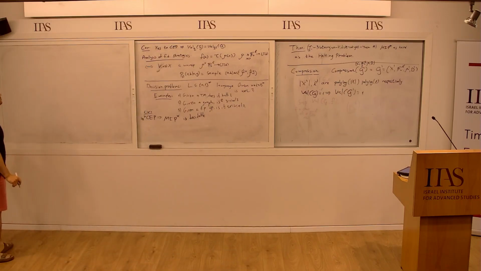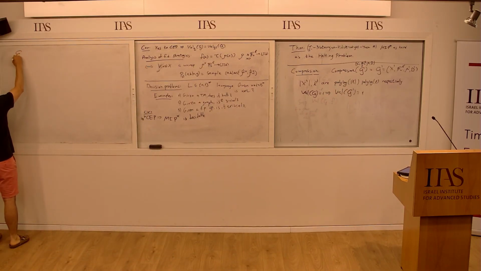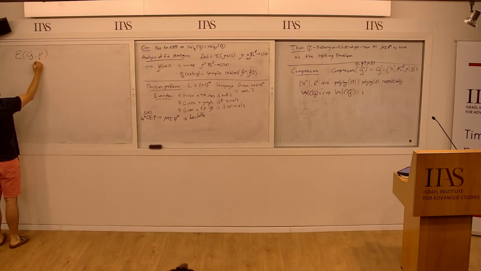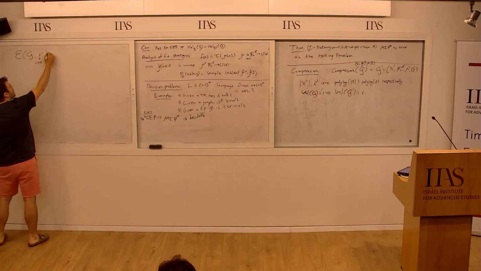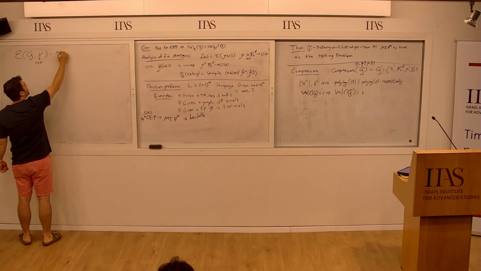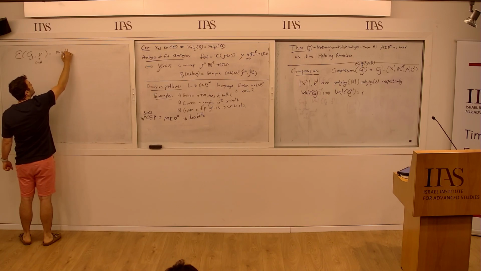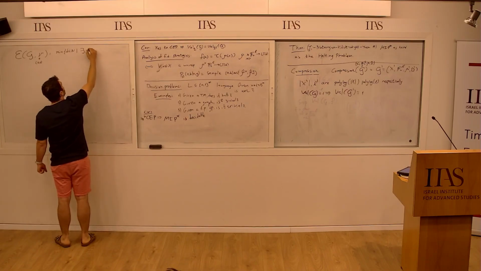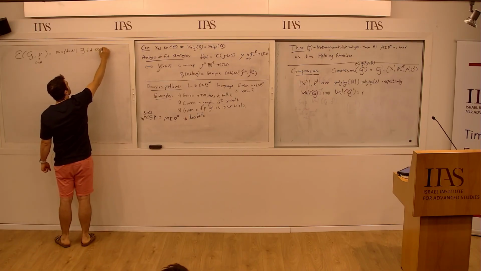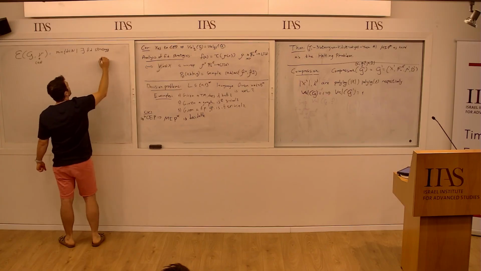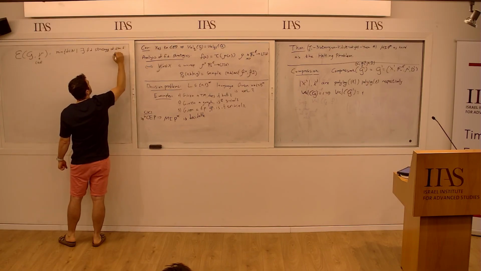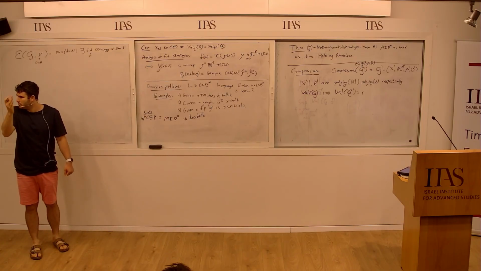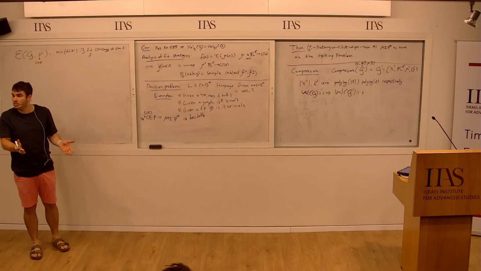So, what is the entanglement of a game with respect to some parameter nu? This is a number between 0 and 1. It is the minimal d in the natural numbers such that there exists a finite dimensional strategy of dimension d, which we will call F. Remember, our strategies are characters of the free product of F2 to the L. And we said that the finite dimensional strategy is the unitary representation of this group.